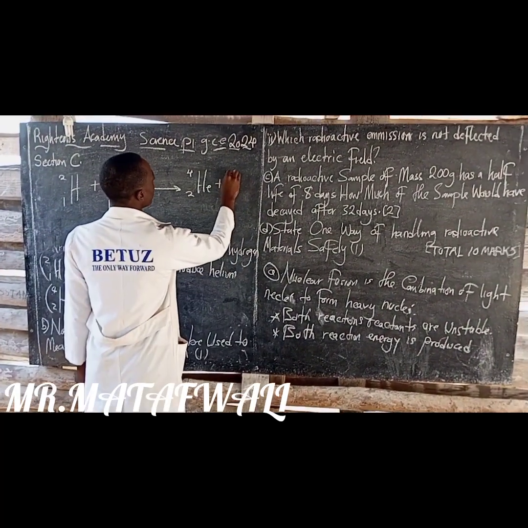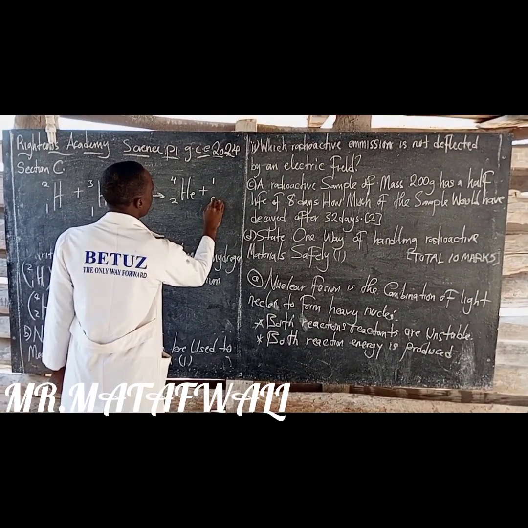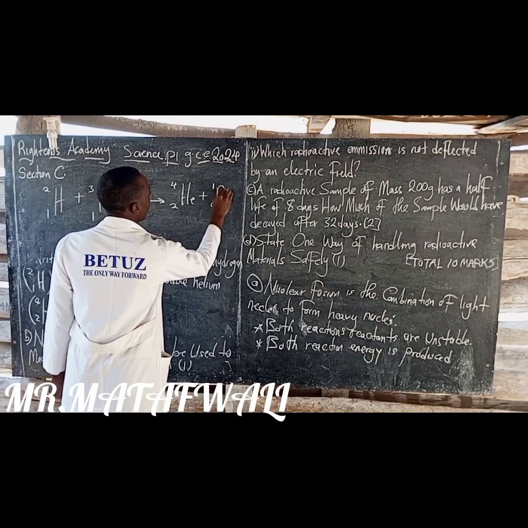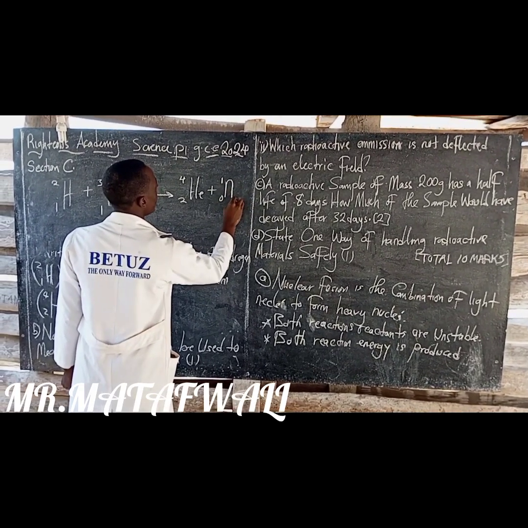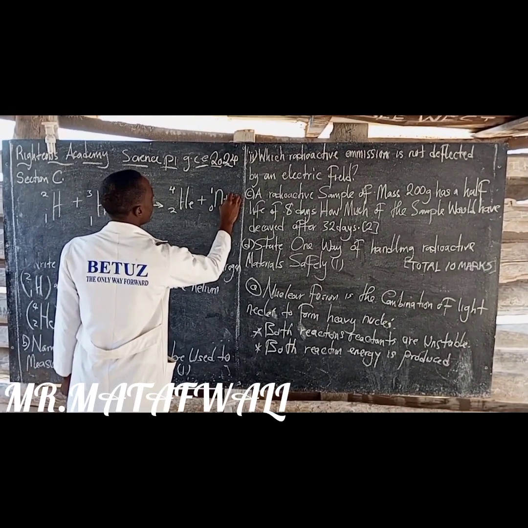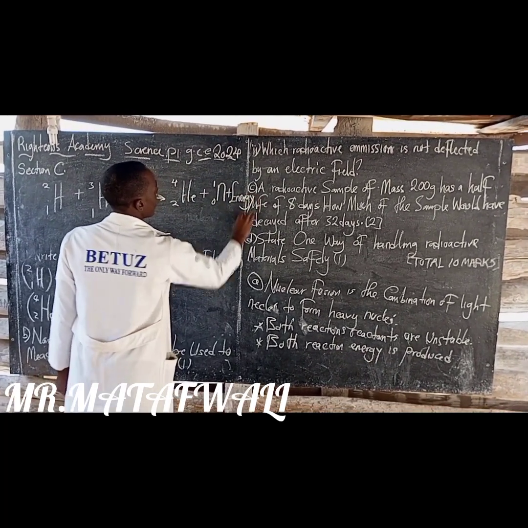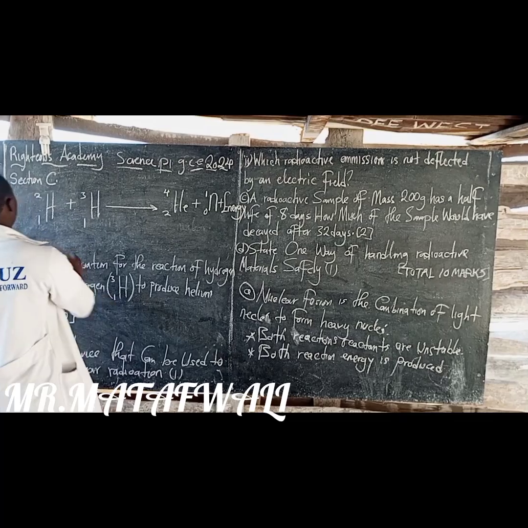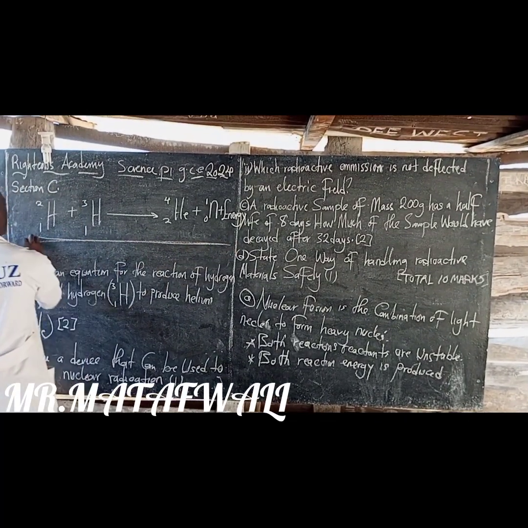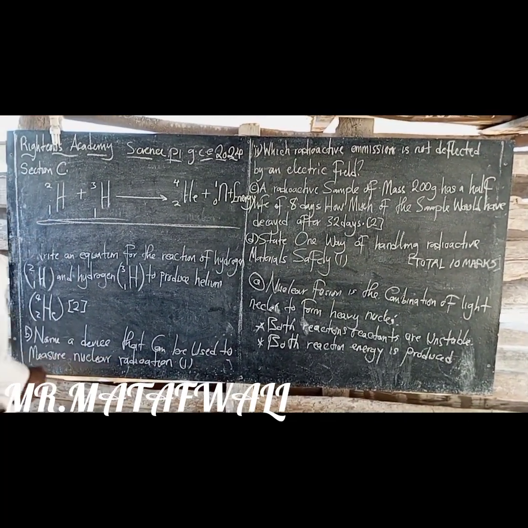So here we are going to show the fast moving neutron. So this is a symbol for a fast moving neutron, then plus energy. Energy, you just write it in words. So this was the equation which was needed on question A3.